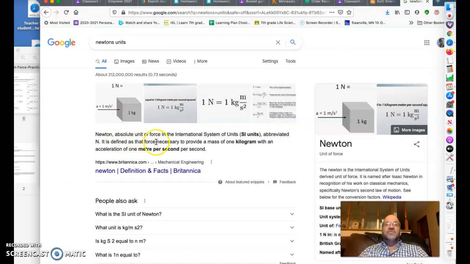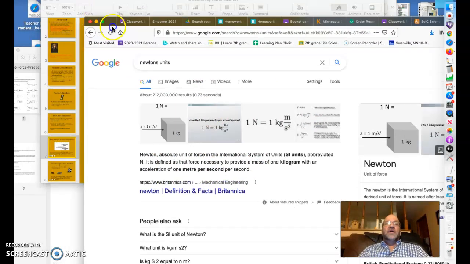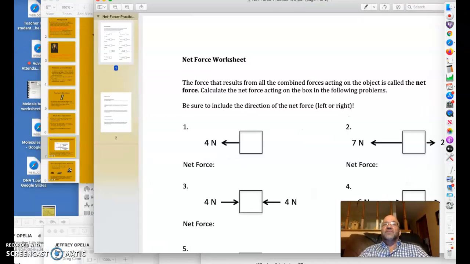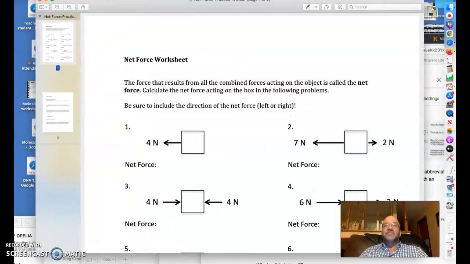Newton is an absolute unit of force of the International System of Units. That's just a fancy way of saying measuring units. And it's abbreviated with an N. Okay? So we don't need to know exactly what that is, but we do need to be able to calculate and understand what the force would be on objects and having a net force.